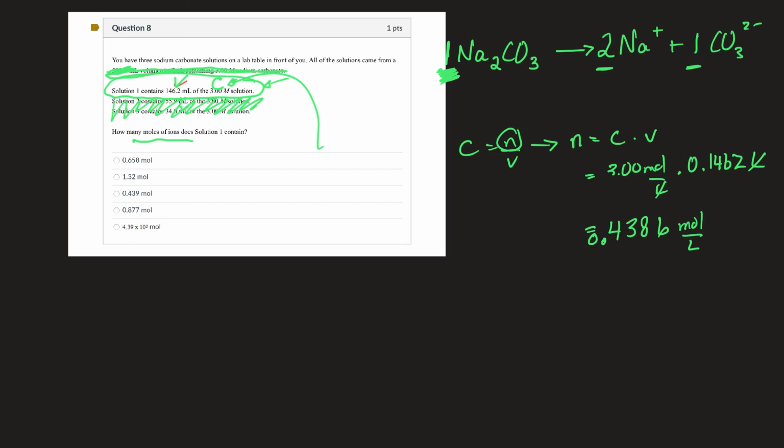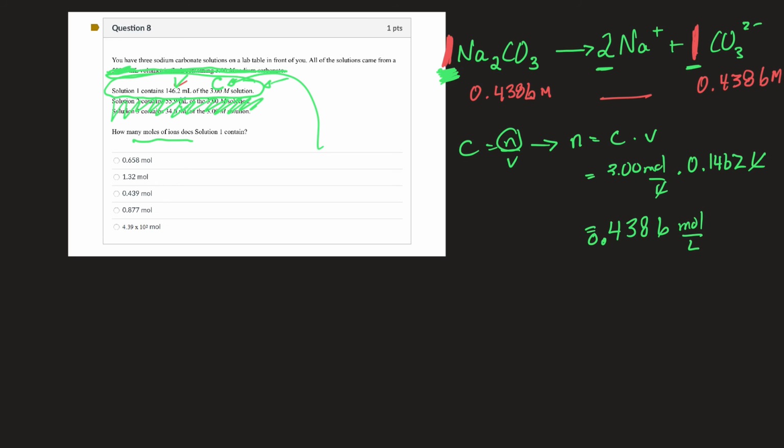That's this one at the first. So let me do it a different color. So it'd be 0.4386 molar. That's this one. Now, since this is 1 to 1, the carbonate over here will be the same. 0.4386 molar.